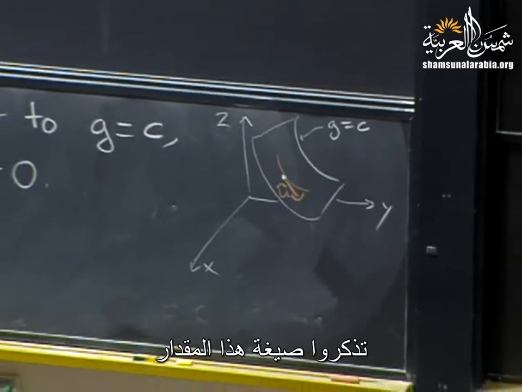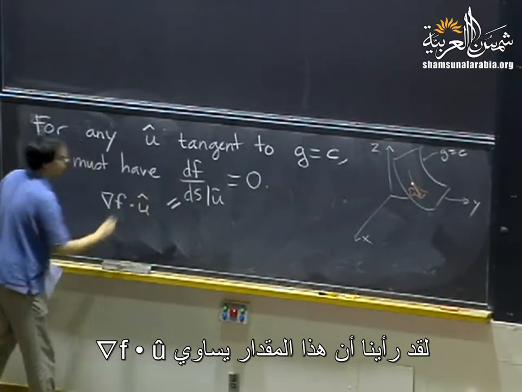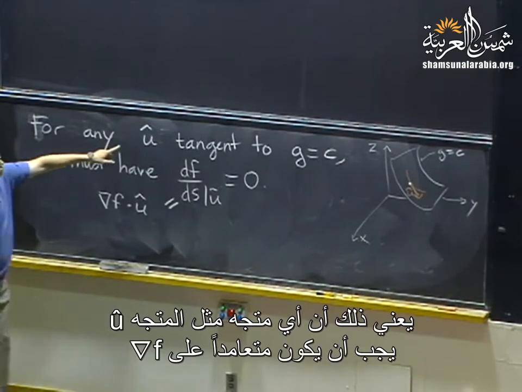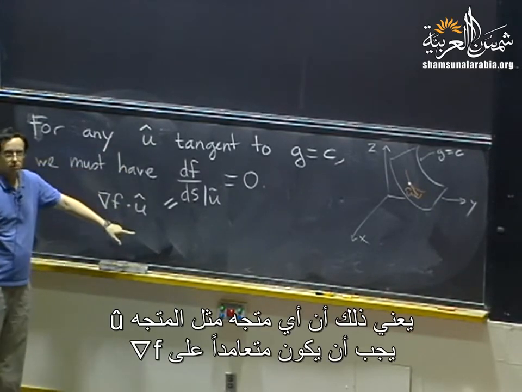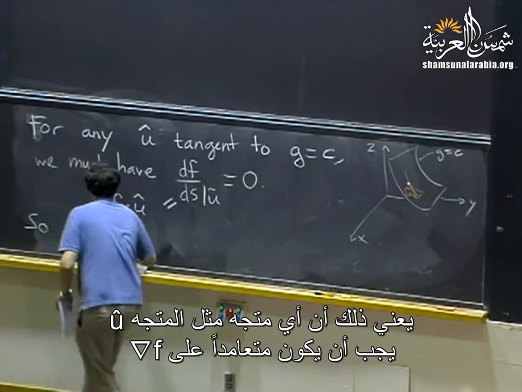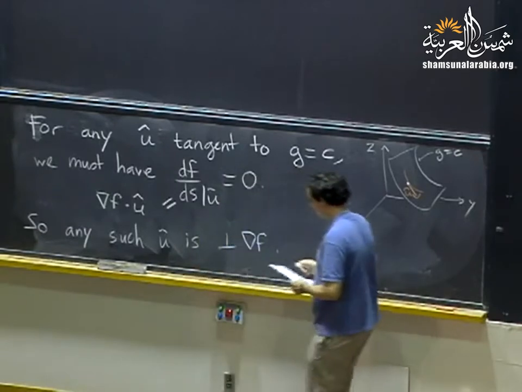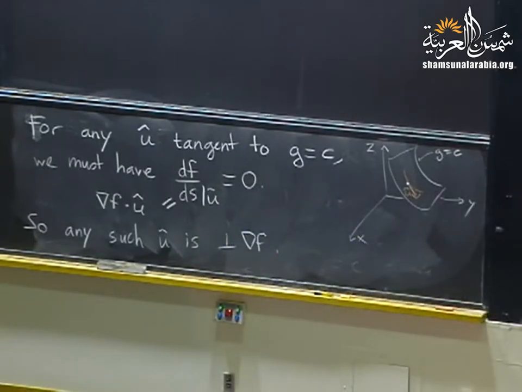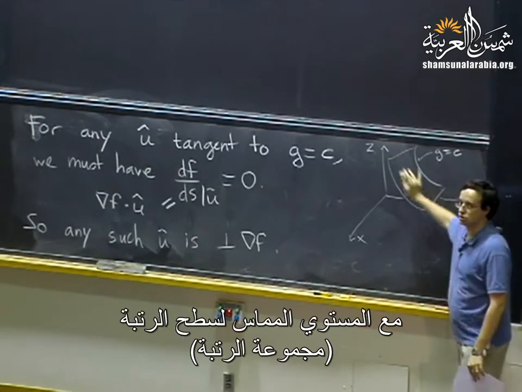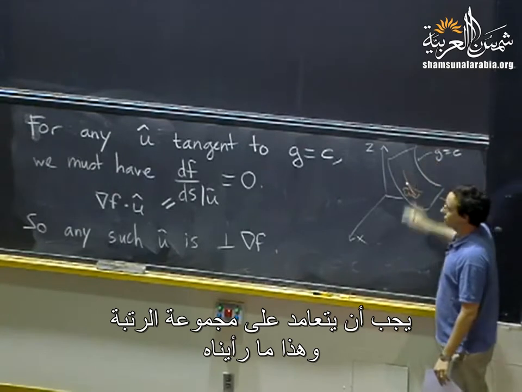Now, remember what's the formula for this? We've seen that it's gradient f dot u. So any such vector u must be perpendicular to the gradient of f. That means the gradient of f should be perpendicular to anything that's tangent to this level, so the gradient of f should be perpendicular to the level set.